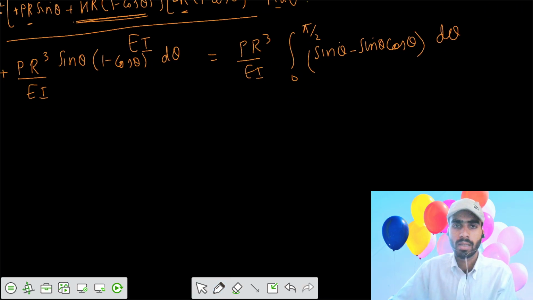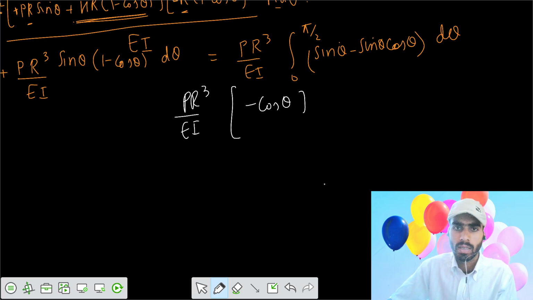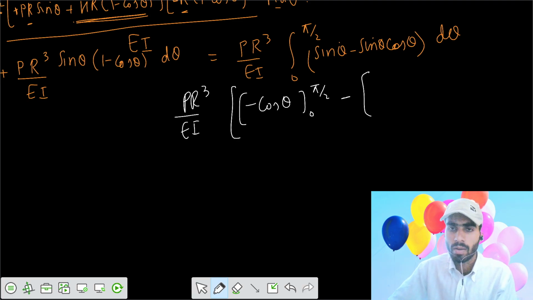We can use that. So this is P R cube by EI, and the integral of sin theta is minus cos theta from 0 to pi by 2, and for this part, minus times sin 2 theta by 2, integral from 0 to pi by 2 d theta.